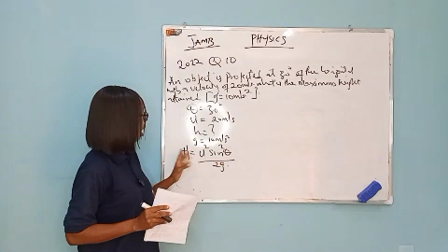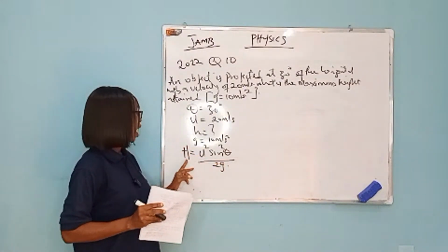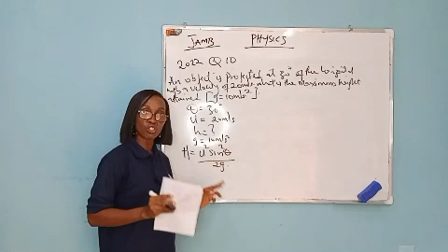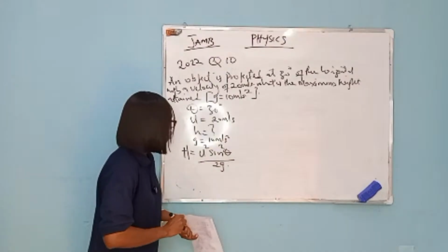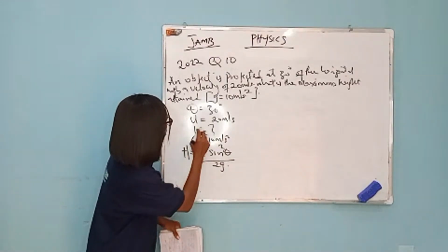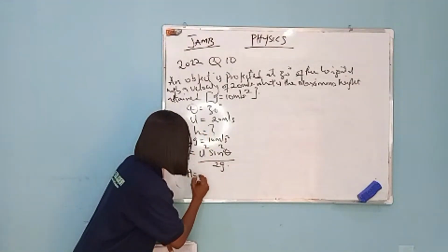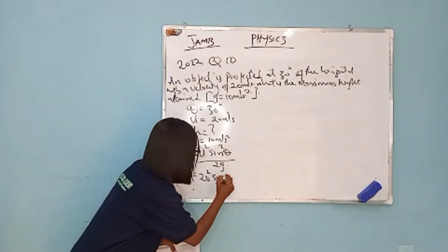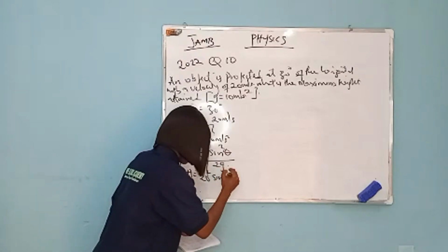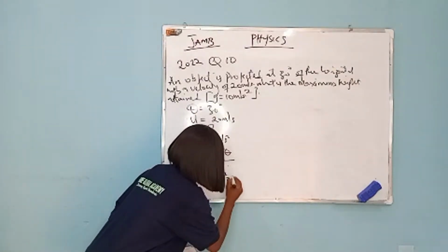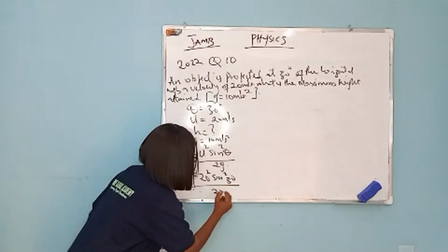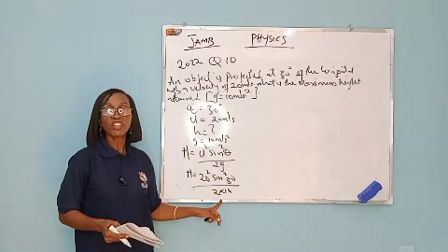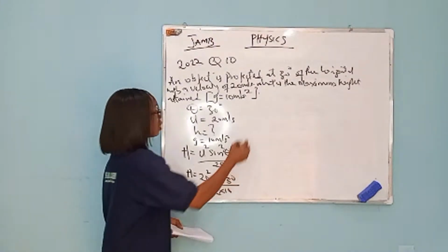To get the maximum height, H is equal to u squared sine squared theta all over 2g. Our u is 20, so H is equal to 20 squared sine squared 30 all over 2 times 10, because g is given as 10.